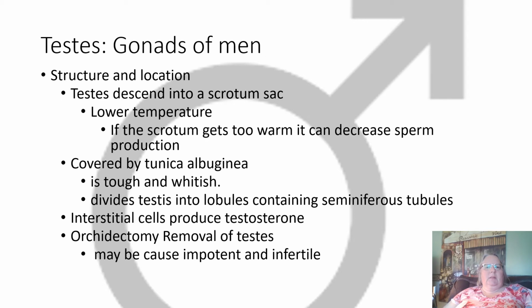The problem is that the person is no longer able to produce sperm and will have problems with function of the penis. This could also be done for other reasons. A long time ago, they used to do that for men who were pedophiles.